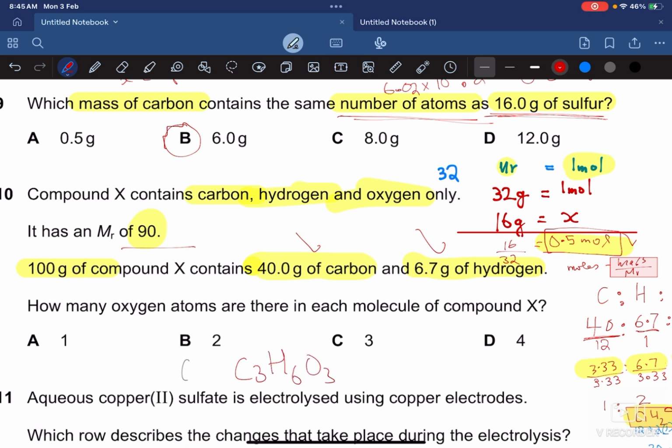That is one molecule of the compound you were given. Okay? How many oxygen atoms are in each molecule of compound? We've just figured it out. We've figured out the molecular formula. This is the formula for one molecule. We have it here, formula for one molecule, and the oxygen in it is 3. So the correct option is going to be option C.